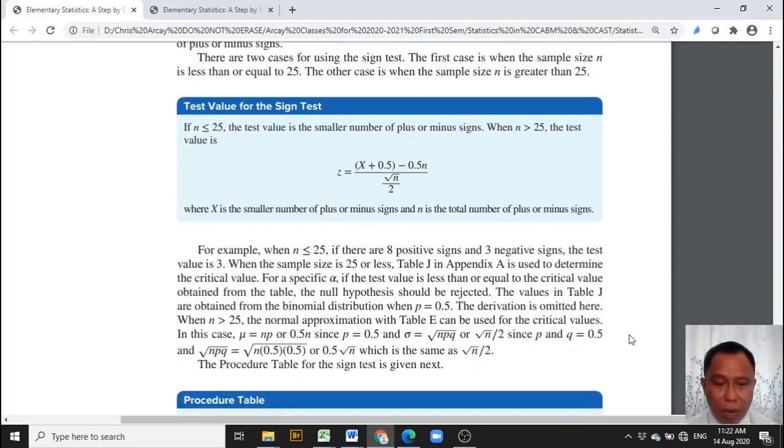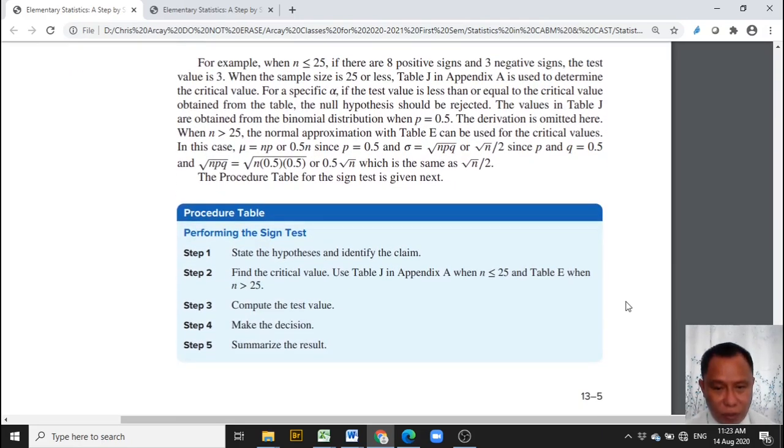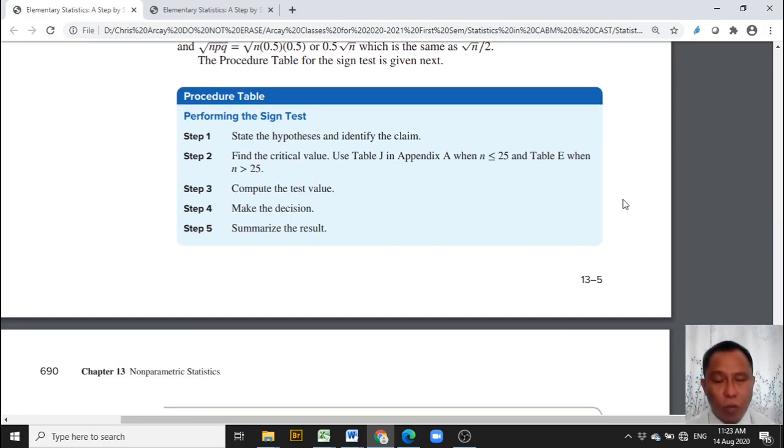You have to bear in mind that this video is only for the computational part of the sign test. The computational part taken care of by the Excel template concerns only steps 2 and 3 of the 5 steps of hypothesis testing that we are using.